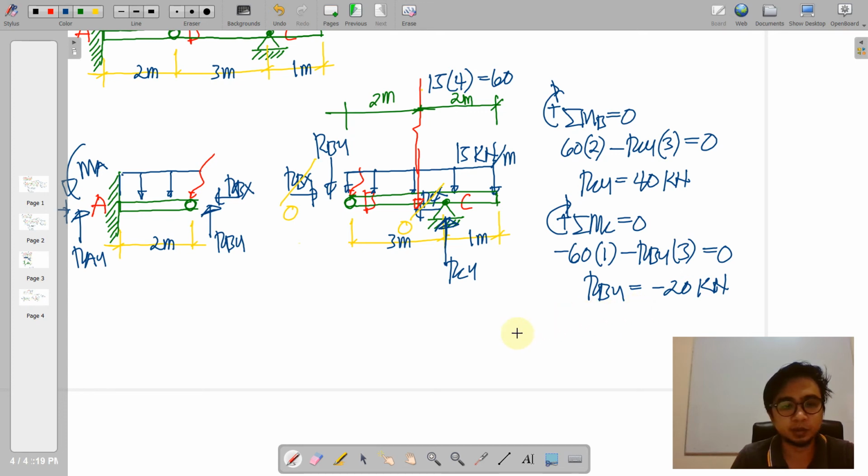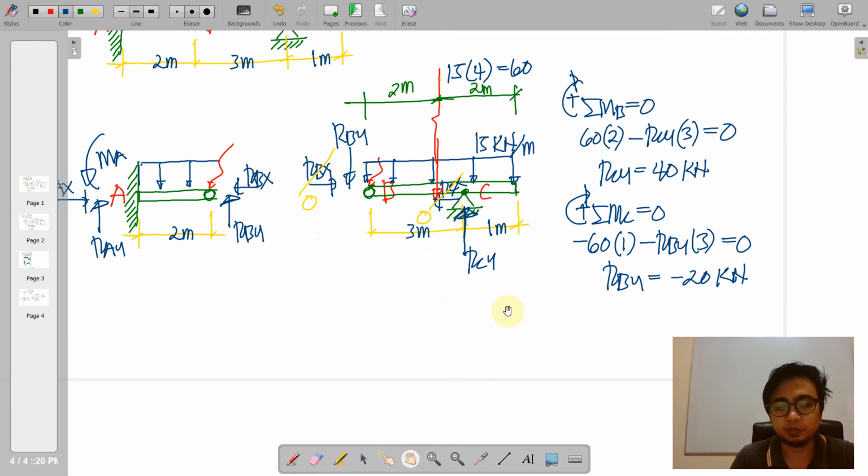So you know the meaning of that negative. We have just assumed that that is downwards and apparently a negative value, meaning RBY should be going upwards. So anyway, again, we maintain the drawing and then stick to the units of the reaction.